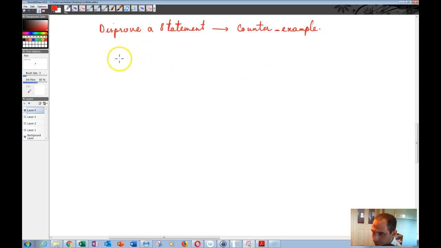So for example, you have some statement P, and this statement P says something. It's a mathematical statement. You think that statement is wrong.